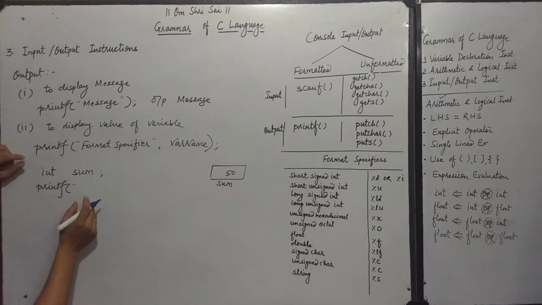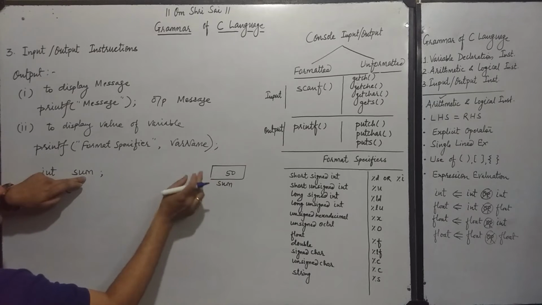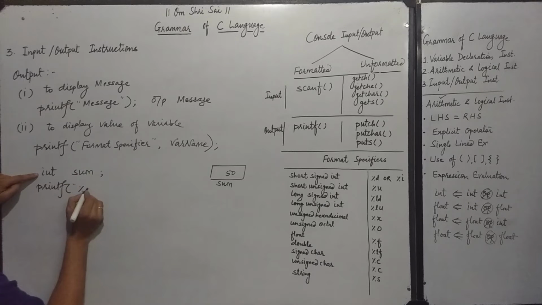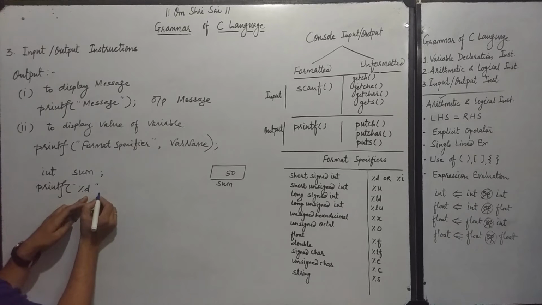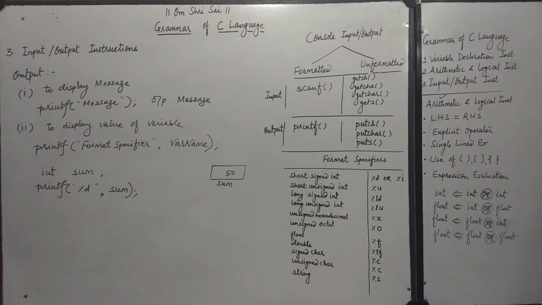Then now, as the name of variable is sum whose value is to be displayed, and as it is of the type integer, the format specifier will be %d. कोई और वैल्यू मुझे डिस्प्ले नहीं करना है तो डबल कोट्स क्लोज करना होगा, फिर उसके बाद कॉमा, और कॉमा के बाद उस वेरिएबल का नाम जिसकी वैल्यू आपको डिस्प्ले करनी है. लाइकवाइज कुछ इस तरीके से आपको स्टेटमेंट लिखना होगा.